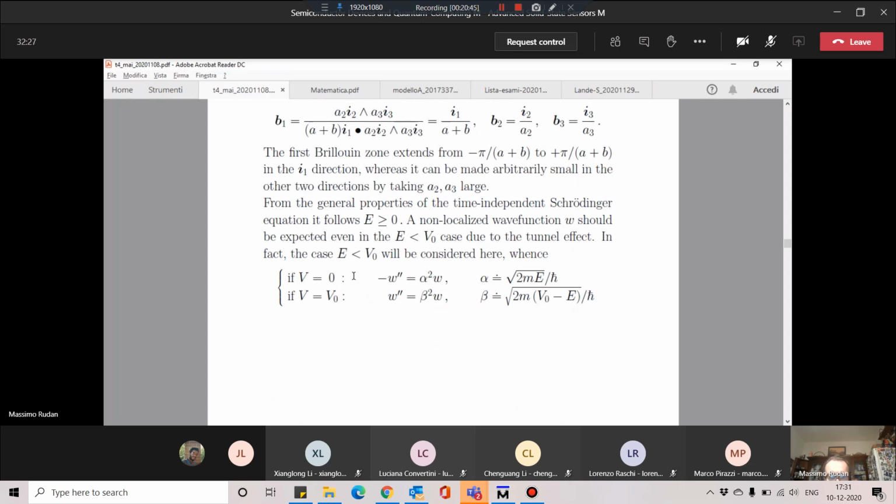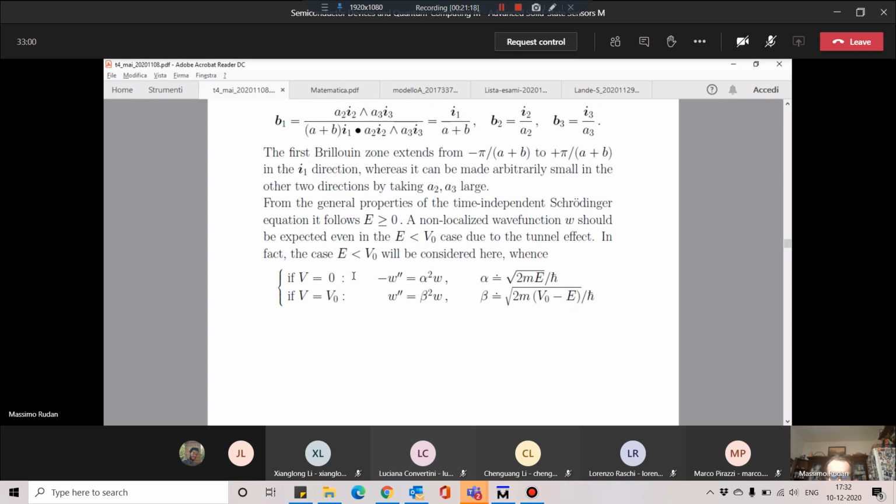It follows that the solution of the Schrödinger equation is expected to be oscillatory, and the equation to be solved is minus the second derivative of the wave function W equal to, in general we use K, the modulus of K in this case, but we have another symbol, alpha, because K is reserved for another thing.